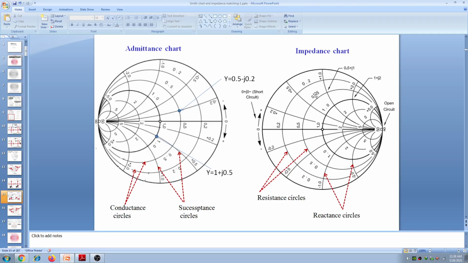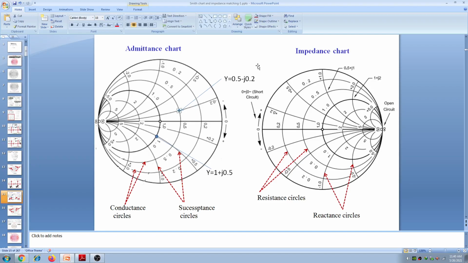Similarly on the impedance chart also, you see resistance and reactance circles are there, here in the impedance chart. What is the impedance at a particular position?